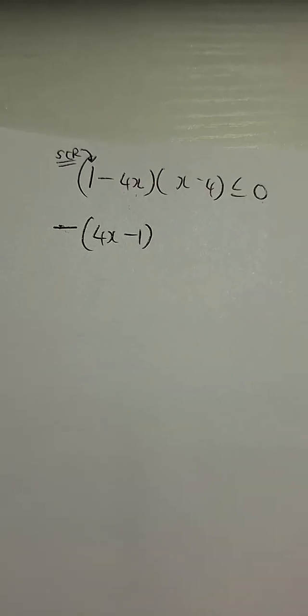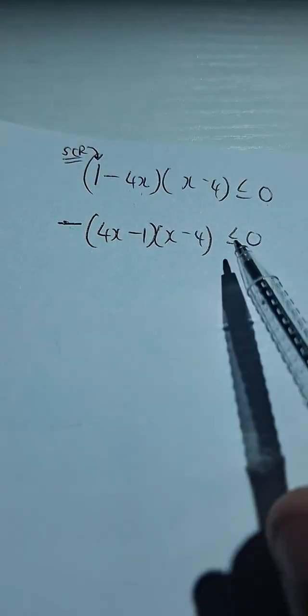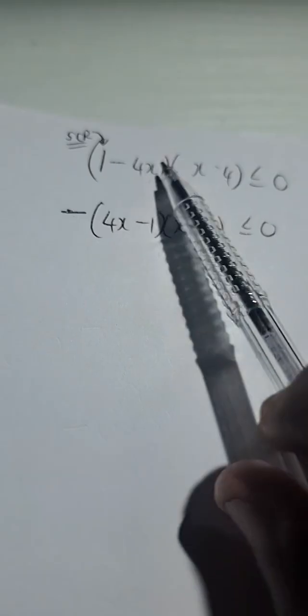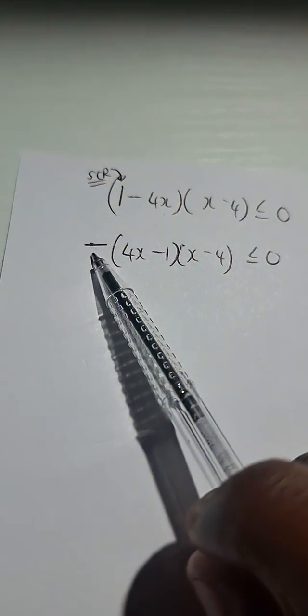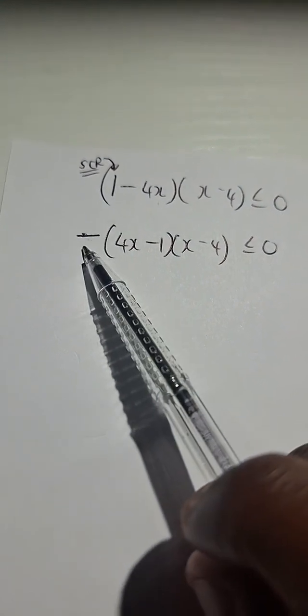So we'll take out a negative sign for that bracket and then write the order for x minus 1. I hope this SCR procedure you now get quite well. Then of course x minus 4 is fine, and it's still less than or equal to 0. If we take the negative sign back, we get that back, so it's not like anything is lost. But now that negative sign needs to go.